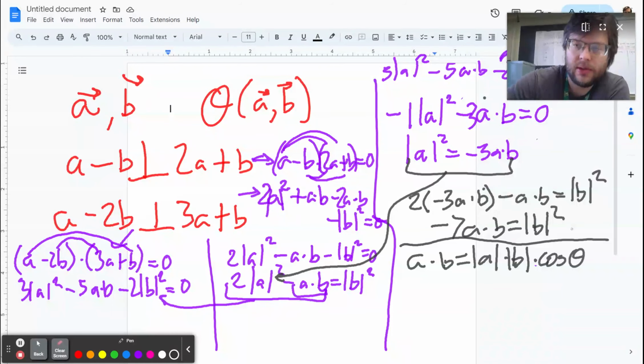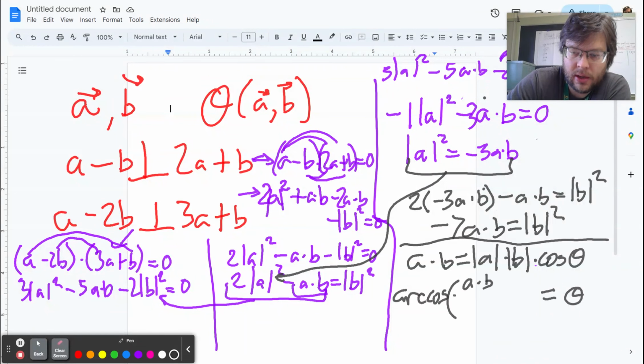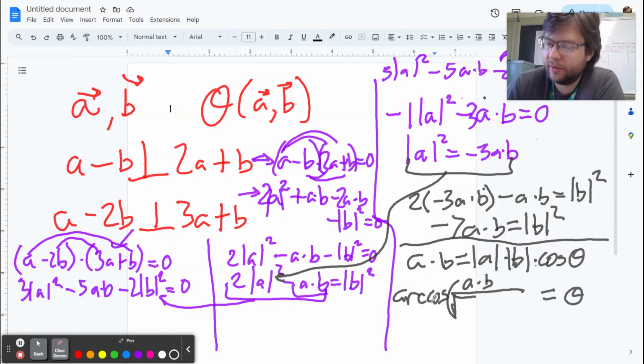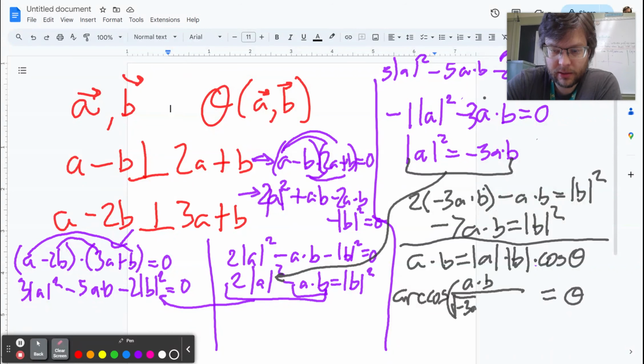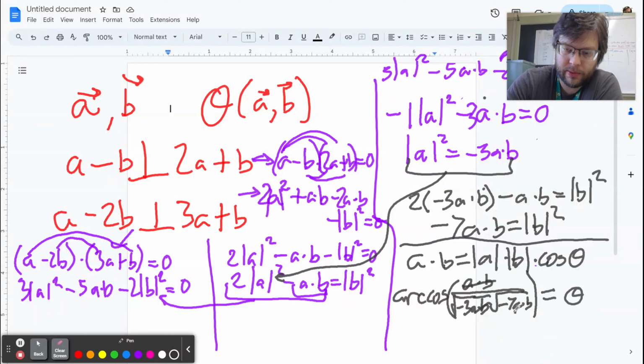In other words, theta is going to be the inverse cosine of A dot B divided by magnitude A times magnitude B. So arc cosine of A dot B over, well, let's do the square root here, the square root of negative 3 A dot B times negative 7 A dot B. Here we can have the A dot B cancel because there's the square root of it squared on the bottom.